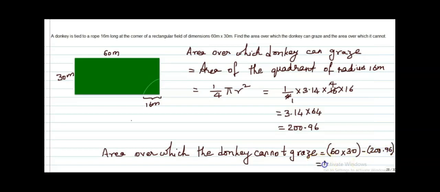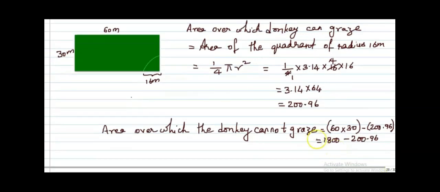That is 1800 meters square minus 200.96 meters square, which is nothing but 1599.04 meters square. Approximately, the grazing area is 201 meters square, and here it's approximately 1599 meters square overall. Right? We move on to the next question.